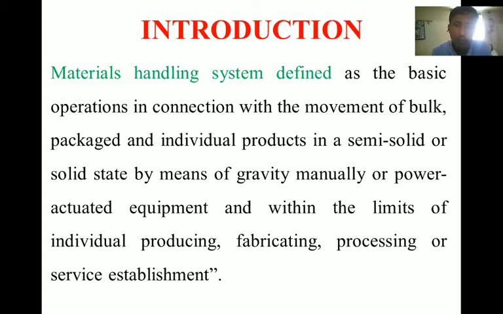Similarly, if you want to transfer material from the third or fourth floor to the ground floor, you do not require any power operated equipment; it can be gravitational movement. If it is in the downward direction, you can use gravitational force, and it will move the materials automatically.